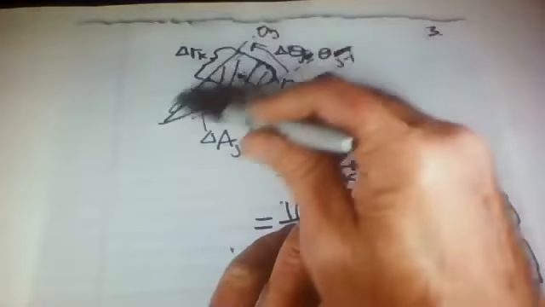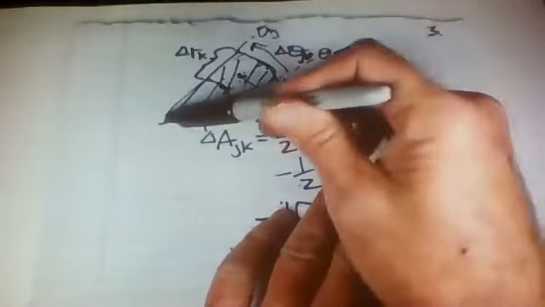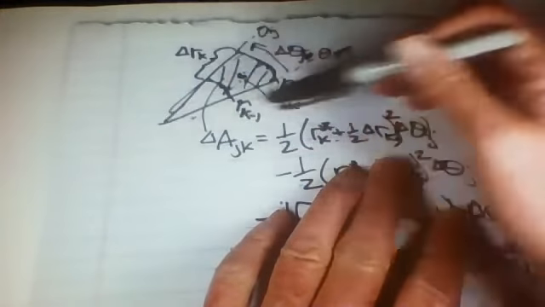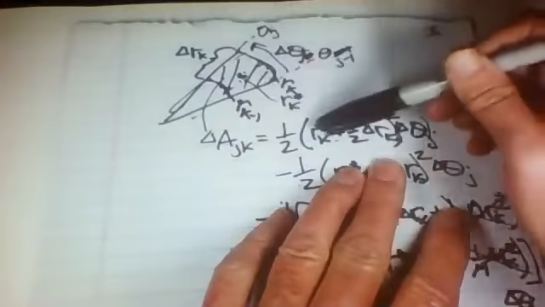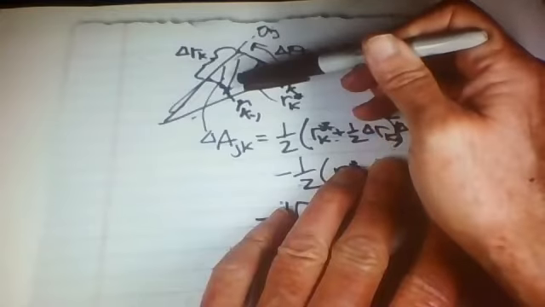Well, let's first do the outside sector. The outside sector is one half radius squared times angle theta, right? It's one half r squared theta, where theta was the angle and r was the radius. This radius is now the middle point, rk star, plus one half the increment, since this is halfway through.